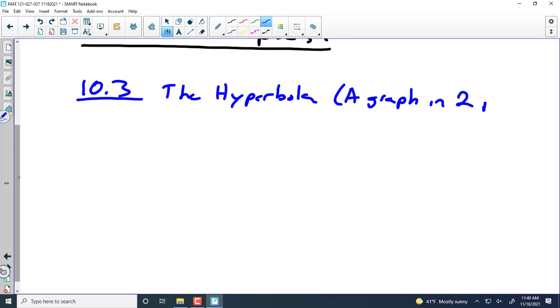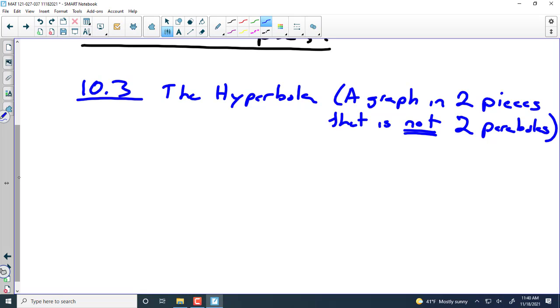Which is a graph in 2 pieces that is not 2 parabolas. The hyperbola is another conic section. It is a graph made up of 2 separate pieces that do not touch each other, and it is not 2 parabolas.